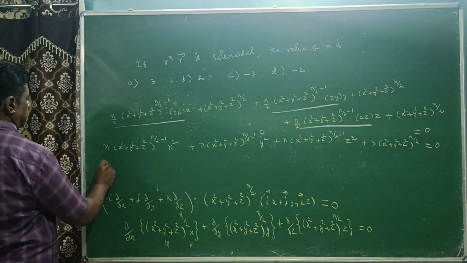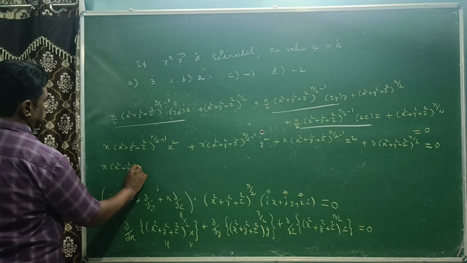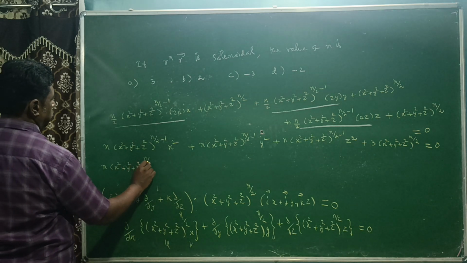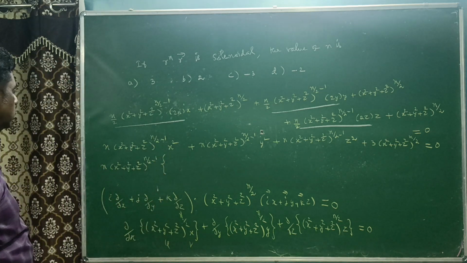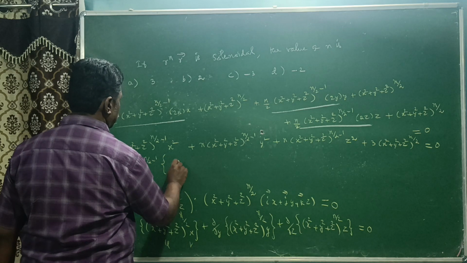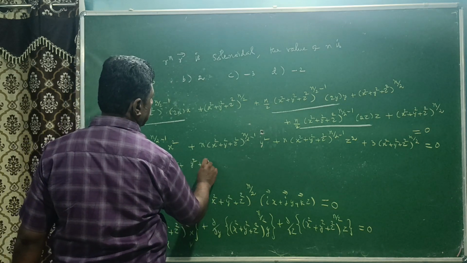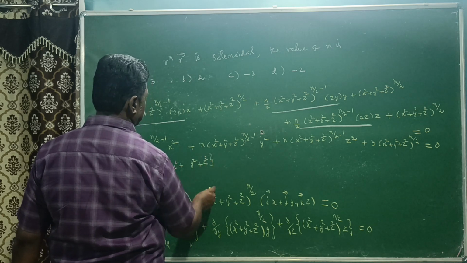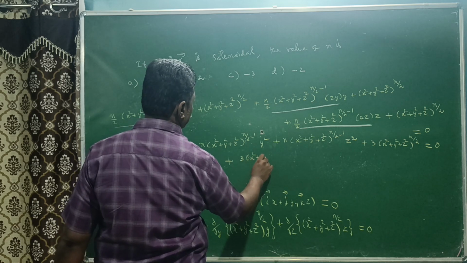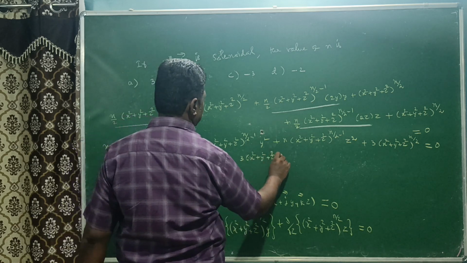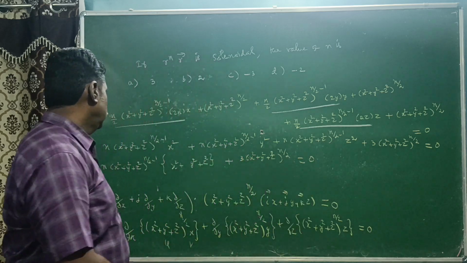Now take n into (x² + y² + z²)^(n/2 − 1) as a common term. The rest of the terms are x² + y² + z², plus 3 times (x² + y² + z²)^(n/2), equal to 0.